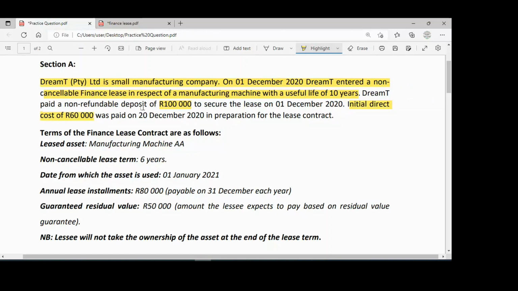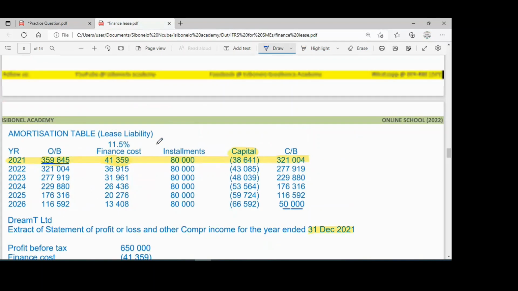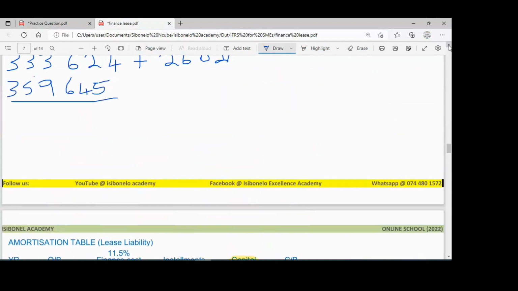Finally there was the amount of the lease liability we will pay over the lease term of 6 years until we reach the residual value of 50,000. So we must first determine the right of use of the asset. When you calculate the right of use of the asset, you add all the amounts you incurred so that you obtain the right of using the asset, including the deposit and indirect costs.